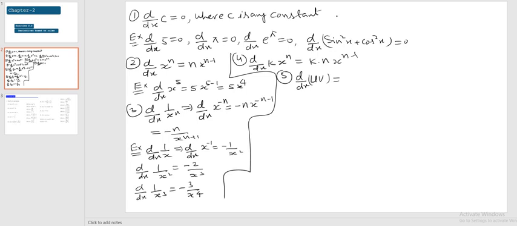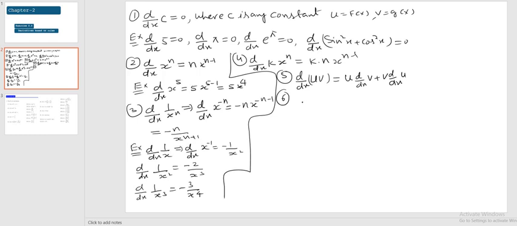No worry, you can say u is a function of f(x) and v is a function of g(x), or u is a function of g(x). So what is that? u d/dx of v plus v d/dx of u.